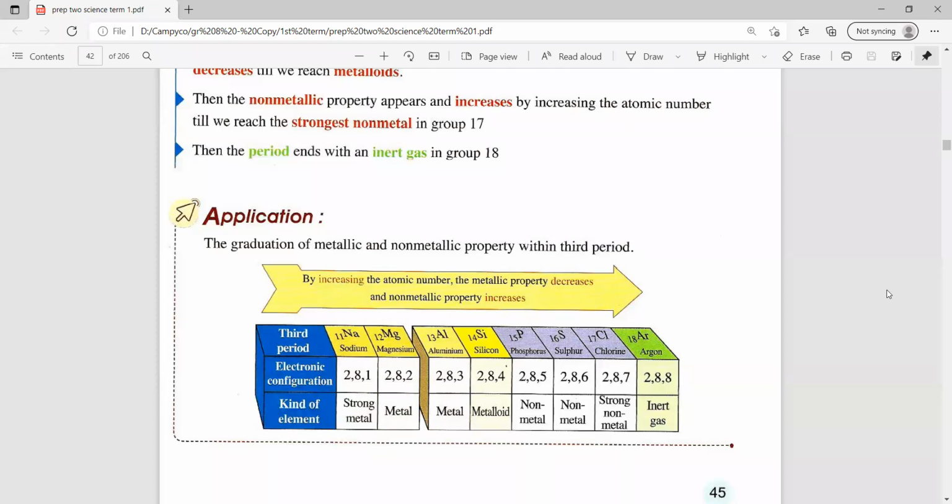What is the strongest metal? The strongest metal is in period what? The third one, this one. You're going to choose from these elements. Is it argon?